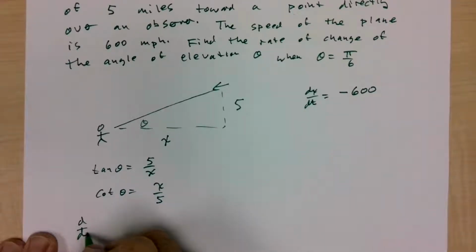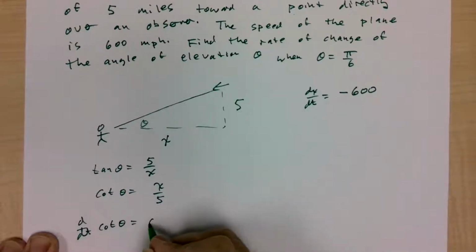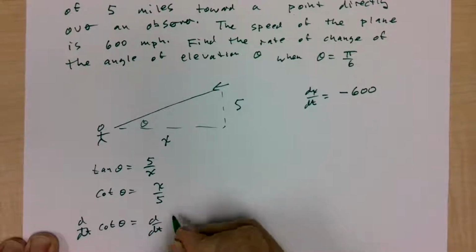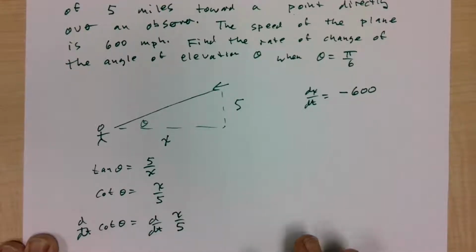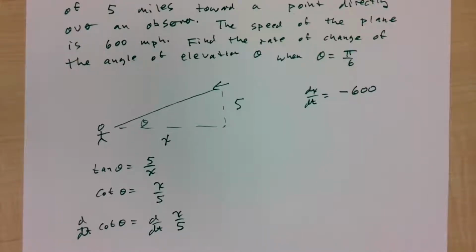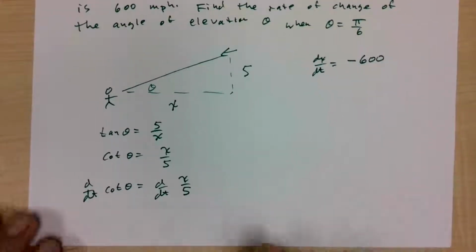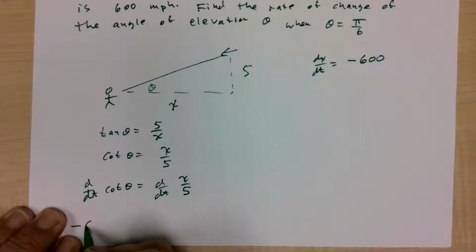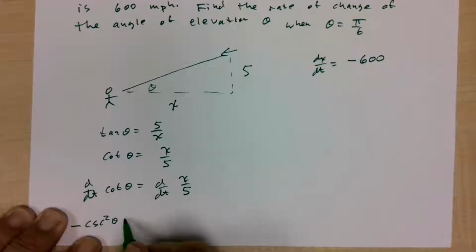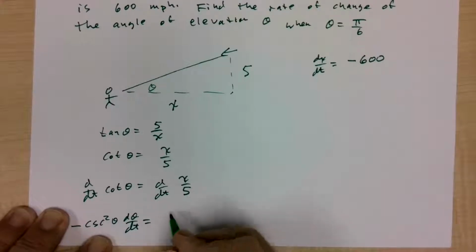The derivative of cotangent theta is negative cosecant squared theta d theta/dt, and the derivative of x over 5 is 1/5 dx/dt. So negative cosecant squared theta d theta/dt equals 1/5 dx/dt.